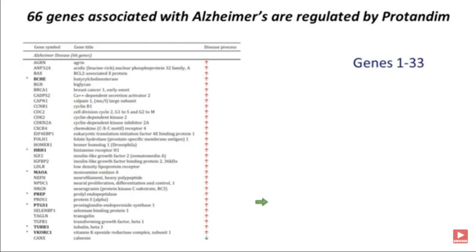They have looked at Protandim on the genes associated with Alzheimer's disease. With Alzheimer's, there are actually 66 genes associated with that disease.